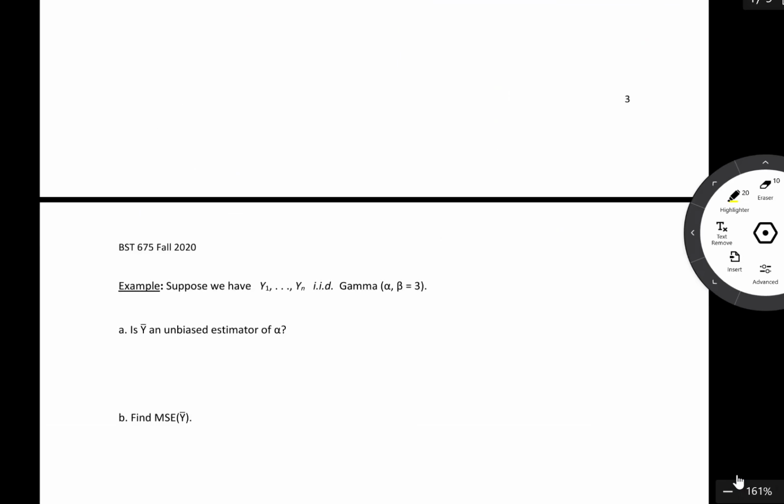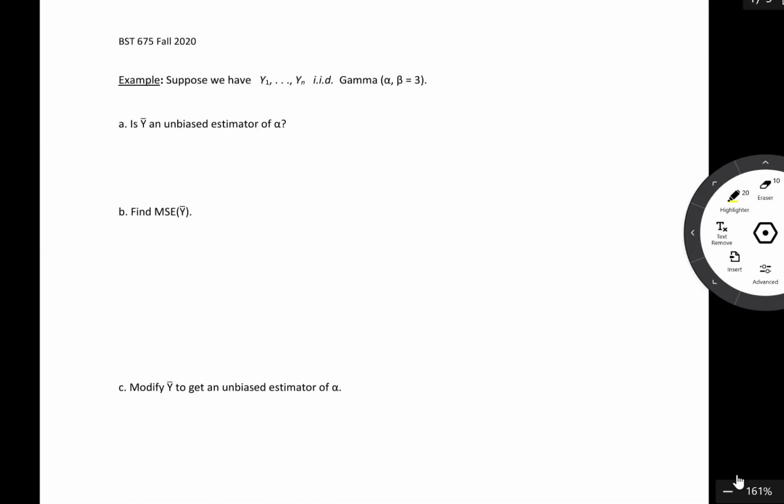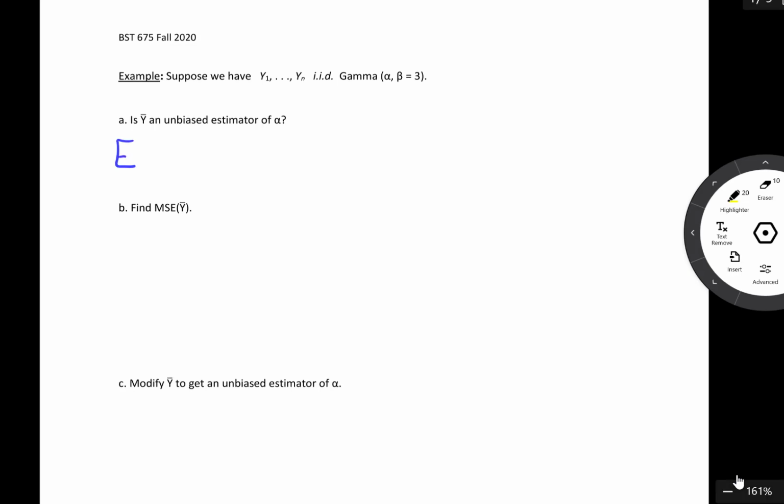So let's look at an example. Suppose that we have Y1 through Yn, IID gamma with parameters alpha and beta equal to 3. The first question is, is Y bar an unbiased estimator of alpha? We know from previously that the expected value of Y bar is equal to mu.